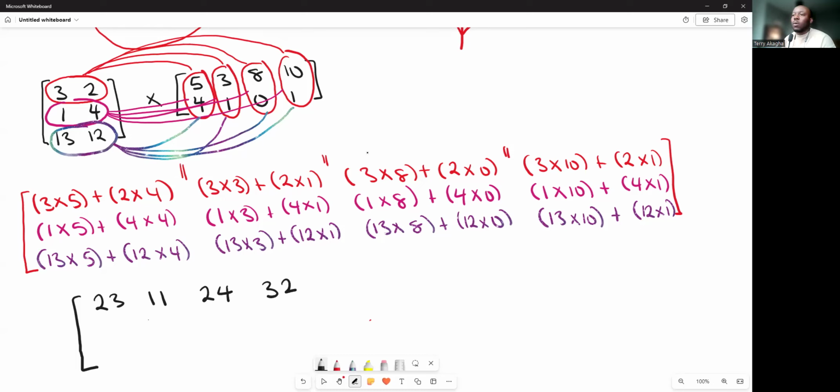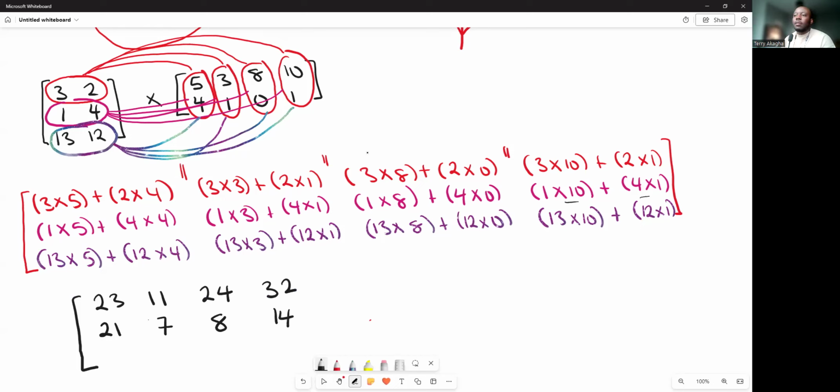Then we'll go to the next one. 5 plus 16 will give you 21. 3 plus 4 will give you 7. 8 plus 0, because 4 times 0 will give you 0. So 8 times 1 will give you 8. So 8 plus 0 will give you 8. 1 times 10 will give you 10. 10 plus 4 will give you 14.